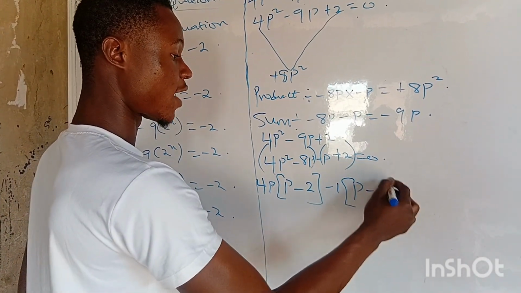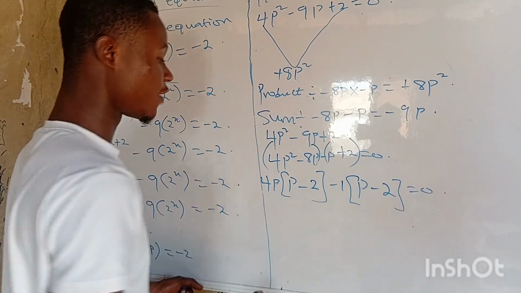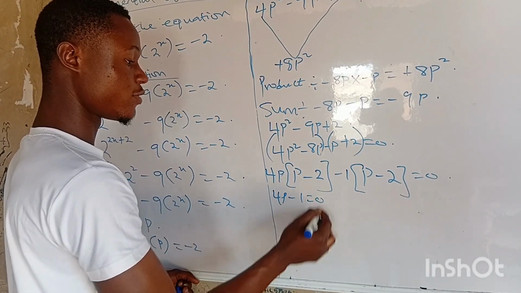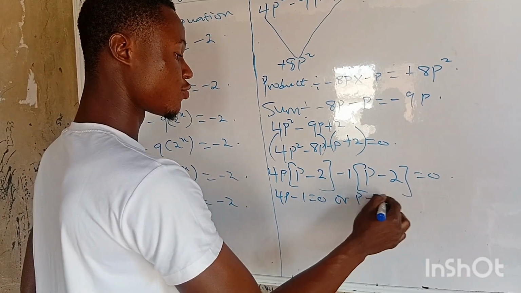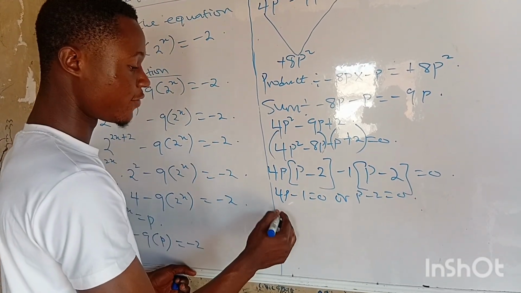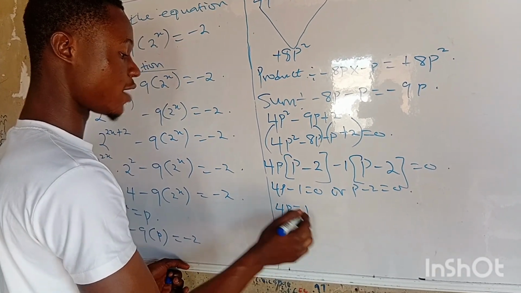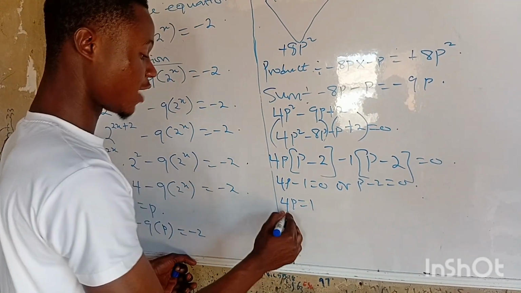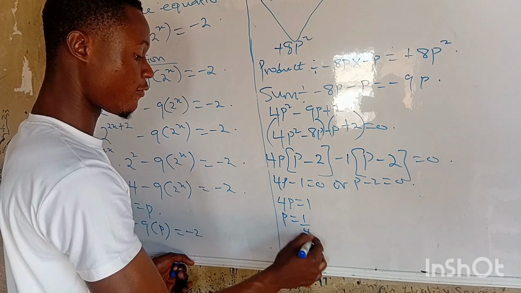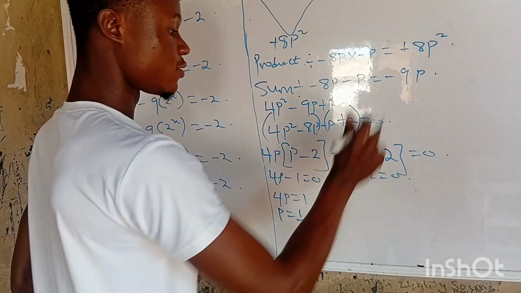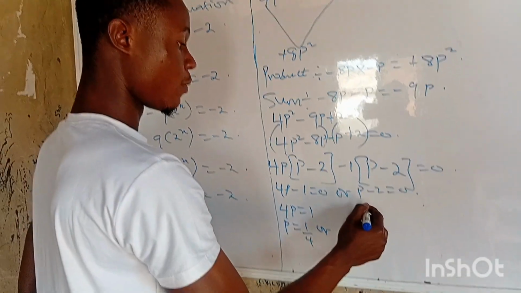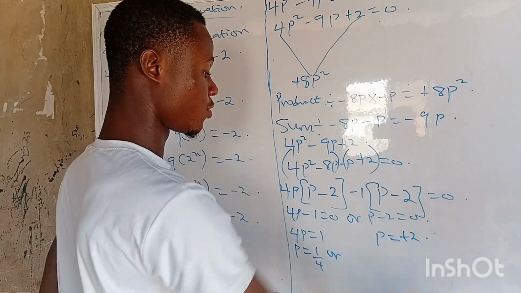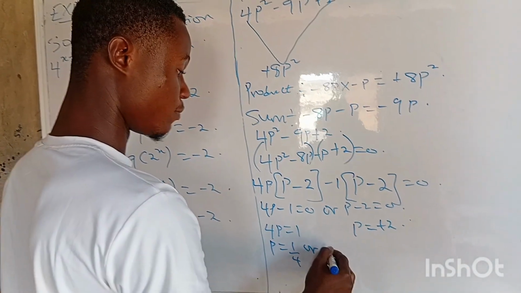Then this 2 that you are having is now equal to 0. So definitely you are going to have 4p − 1 = 0 or p − 2 = 0. So 4p = 1, since this is going to the right side, which is 0 + 1 gives us 1. That means p = 1/4, or p = 2, which is 0 + 2.